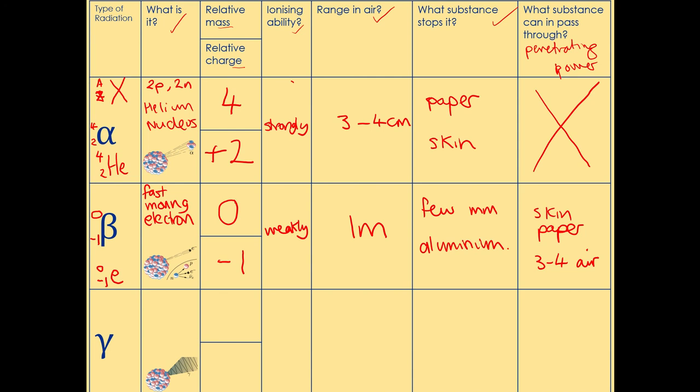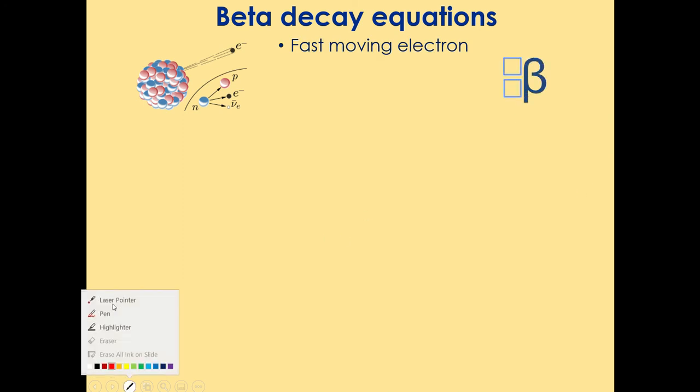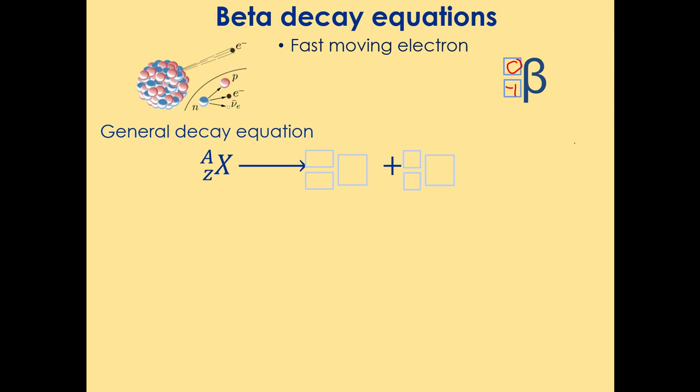So now we're going to do beta decay equations. Okay, so that's our next step. First thing we need to remind ourselves of is how to write beta in notation. So we know that the atomic mass is 0, the charge is -1. First of all, I'm going to do the algebra version, the general equation. So easy bit first is fill in the beta.